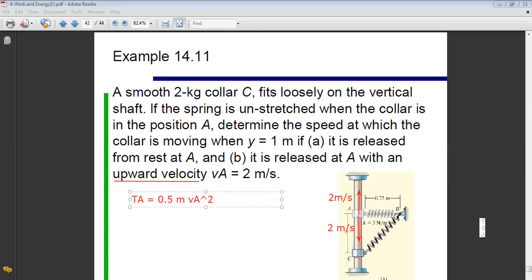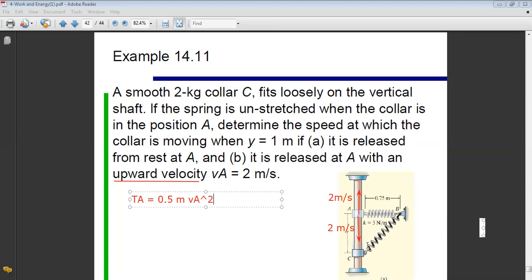Any idea? If you have friction in your system, would it be the same if you give an upward velocity or a downward one? No, it wouldn't be the same. Very good.